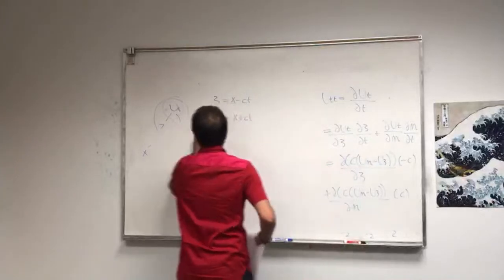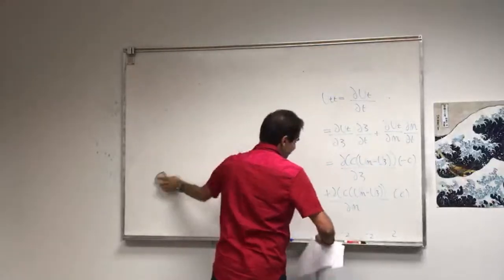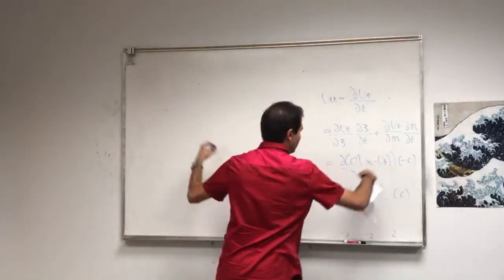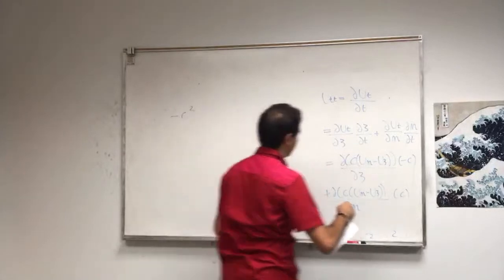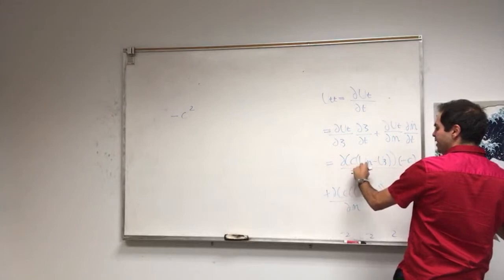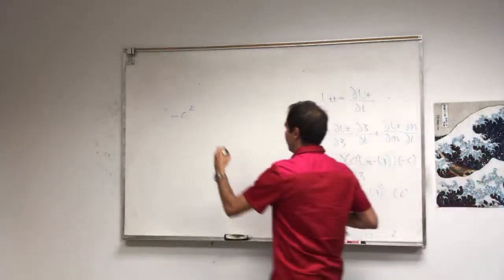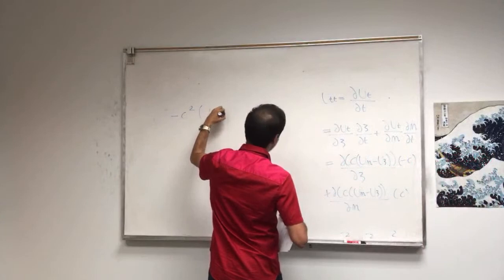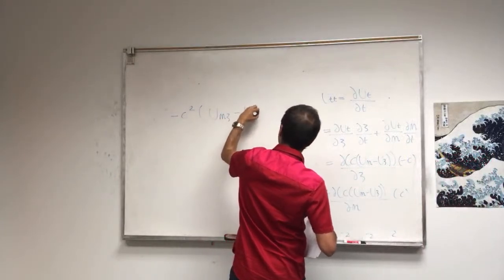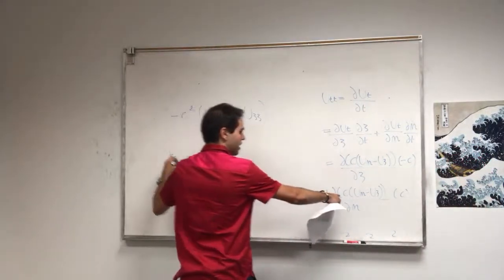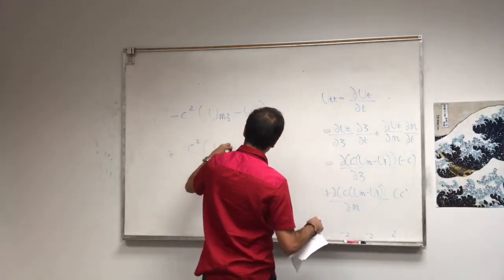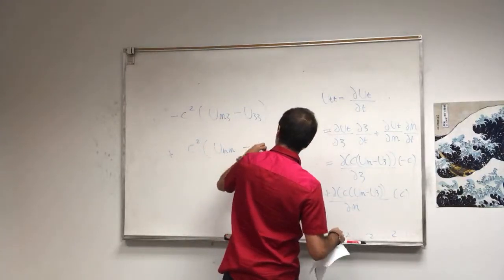I know, so much math today. The problem is it's a partial differential equation, so lots of partial derivatives. What we get is minus c squared, because we have this minus c and this c, times u eta xi minus u xi xi, plus c squared times u eta eta minus u xi eta.